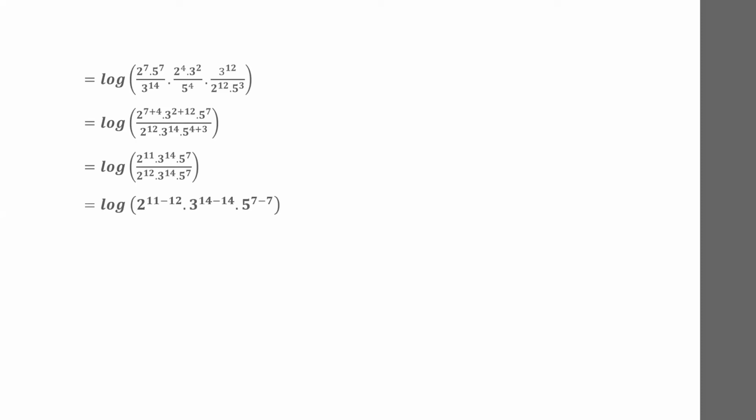So we will have log 2 to the power minus 1 into 3 to the power 0 into 5 to the power 0. As we know, 3 to the power 0 and 5 to the power 0 are equal to 1 individually. So we have log 2 inverse into 1 into 1, which equals log 2 inverse 1. And here again we can apply the formula of log a base m to the power r, which is equal to r log a base m.